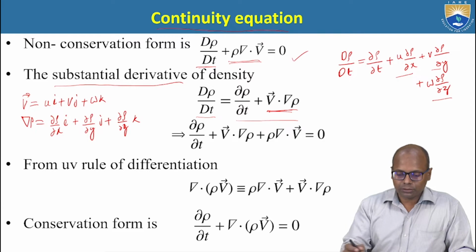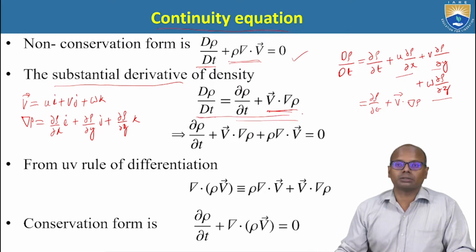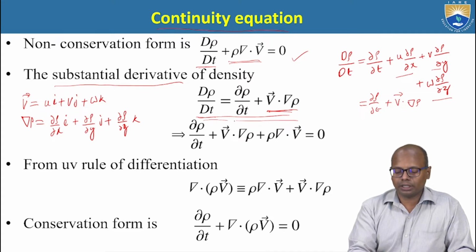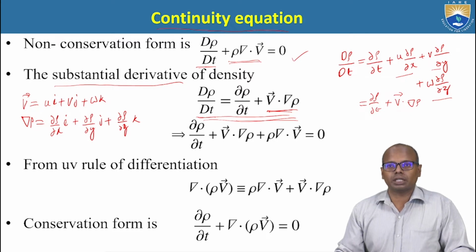Now coming to this, what I said, it is dou rho by dou t plus v bar dot del rho. This is what I have written here. This d rho by dt is expanded like this based on the substantial derivative.